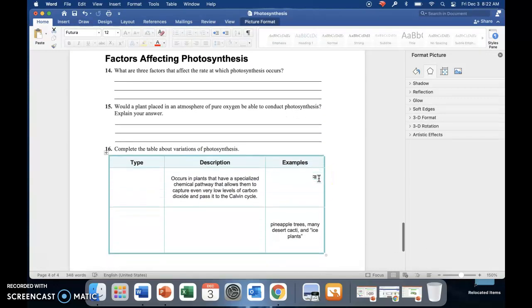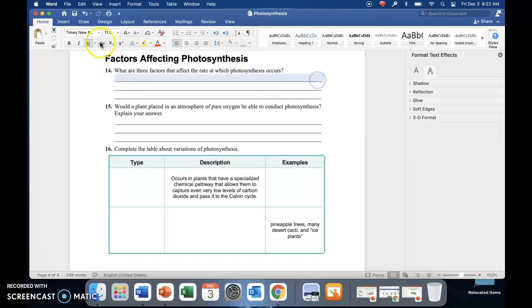So let's move down here. We talked about several factors that are going to affect the rate at which photosynthesis occurs. I ask you to give 3 here, so we can just list these out. Okay, one of those we went over was temperature. I'm just going to list a second one on this line. We talked about light intensity. Obviously, more light is going to allow it to be better.